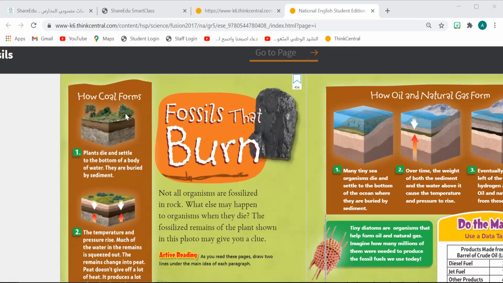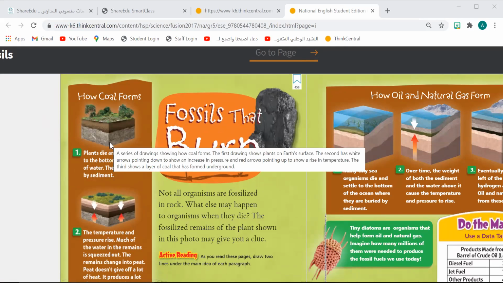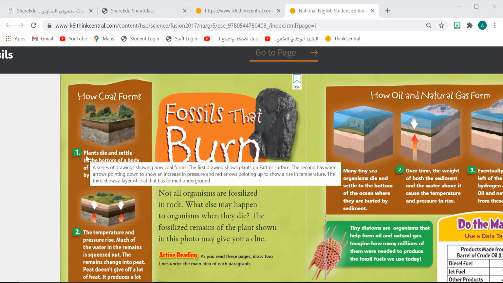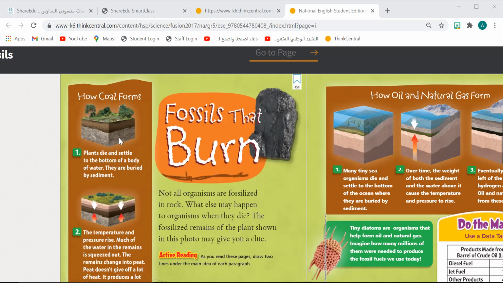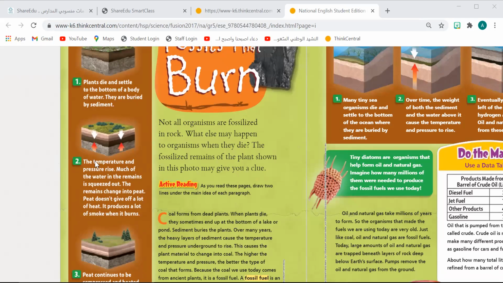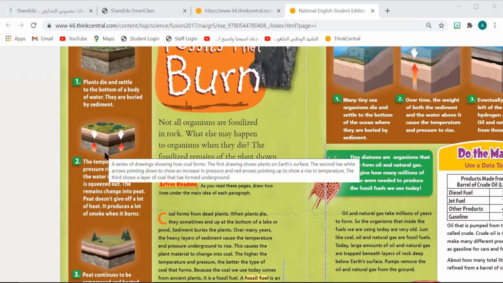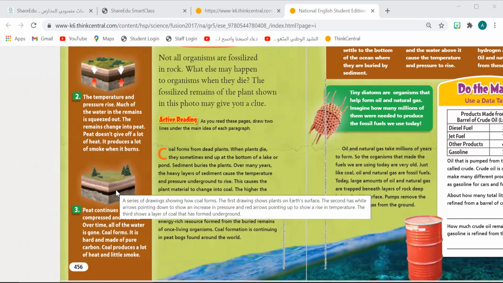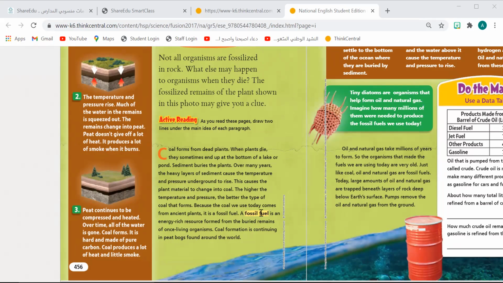We said the first thing was how they can form from plants when they die, or animals when they die. They sit down deep, and they will be cemented. After they become fossils, they need high pressure and high temperature, compressed or squeezed, so all the water goes away. And then later coal is formed from carbon and peat. When they are burned, we call it fossil fuel.